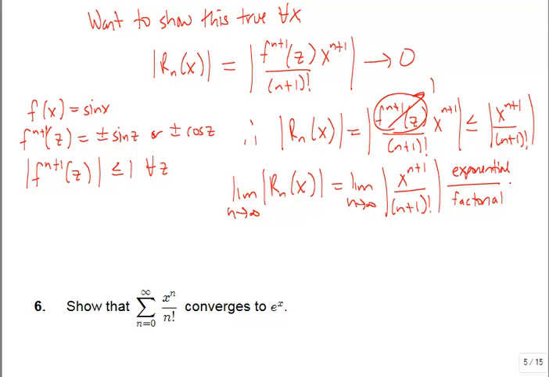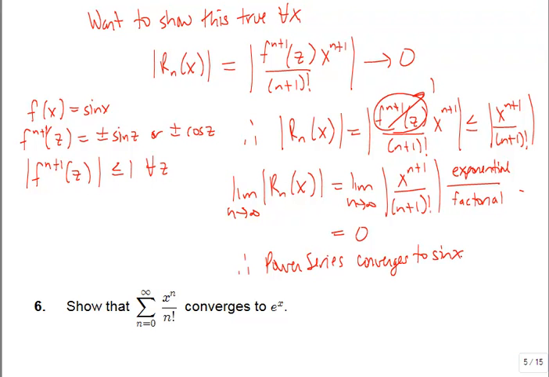So that means that the bottom is going to go to infinity faster than the top, so the fraction as a whole is going to go to 0. So this limit of an exponential over a factorial goes to 0, which is what we wanted to show. We just showed that the remainder does go to 0. Therefore, our power series that we derived converges to sine of x.